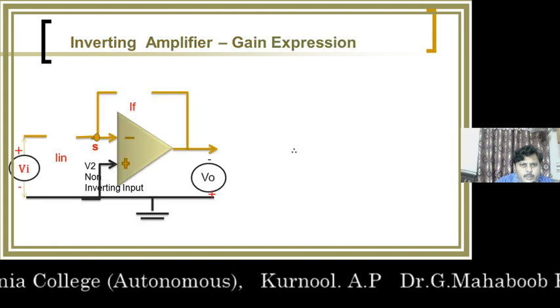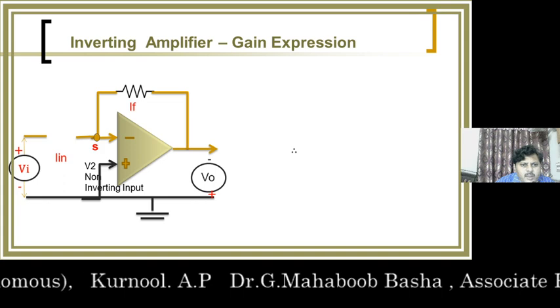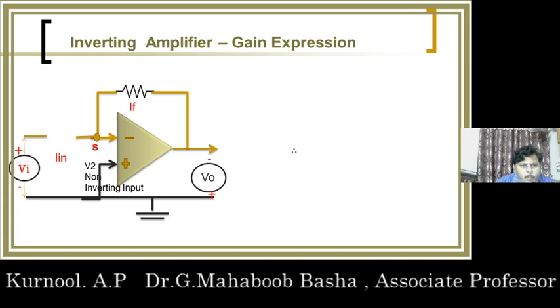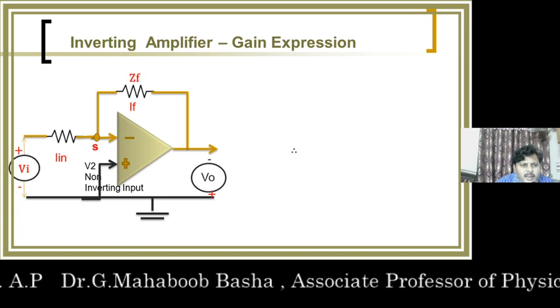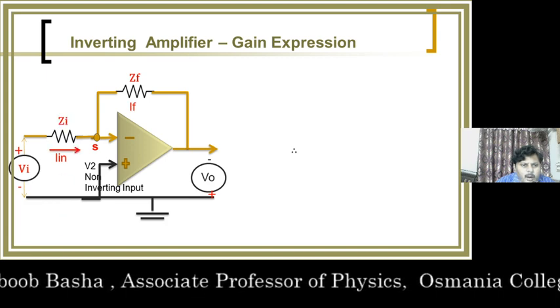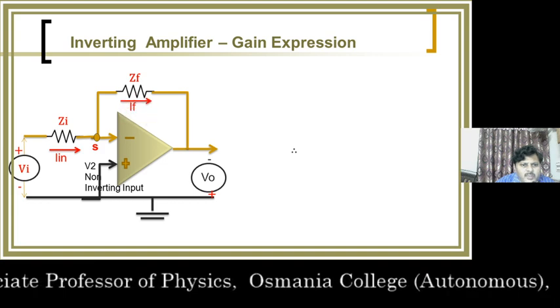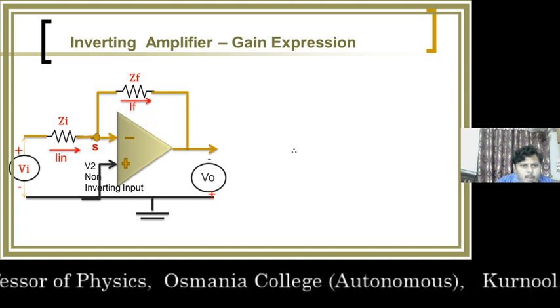Let us see the gain expression of an inverting amplifier. Zf is the feedback impedance connected between the output and point S, and Zi is the input impedance connected from point S to the input. In is the input current flowing through the input impedance, and If is the current flowing through the feedback impedance.